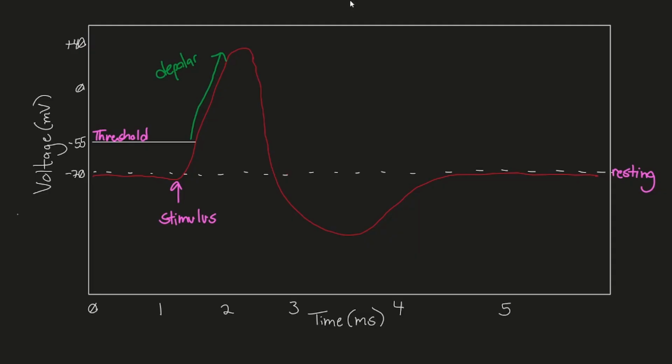And right after the peak, we can see this downward event. This is called repolarization. And finally, we can see it going below the resting potential, and this event of going below it is called hyperpolarization.